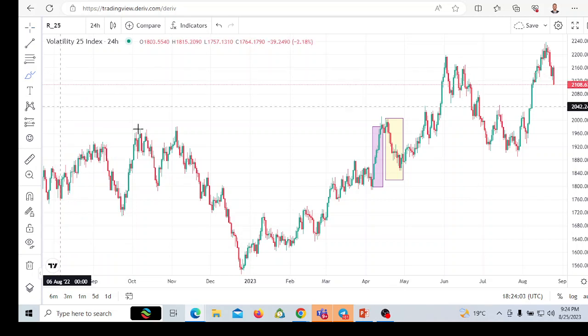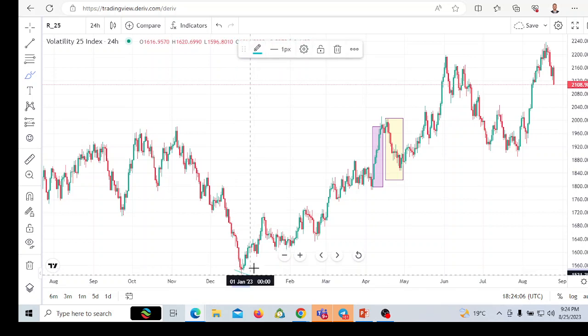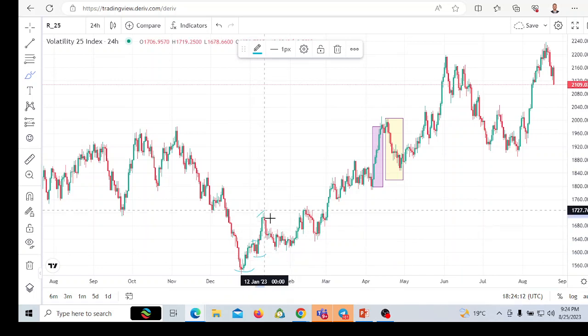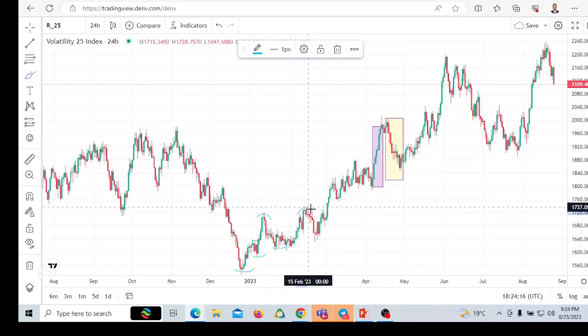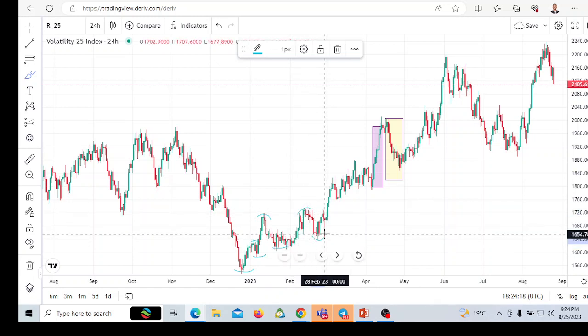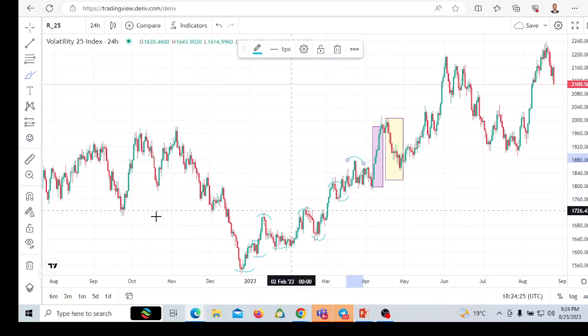In an uptrend, remember, we're looking for higher highs and higher lows. Price was at a low, then gave us a high, then came back and gave us a low, then a high, a low, a high, a low, a high. We will begin to see these things with time after our eyes have become trained.